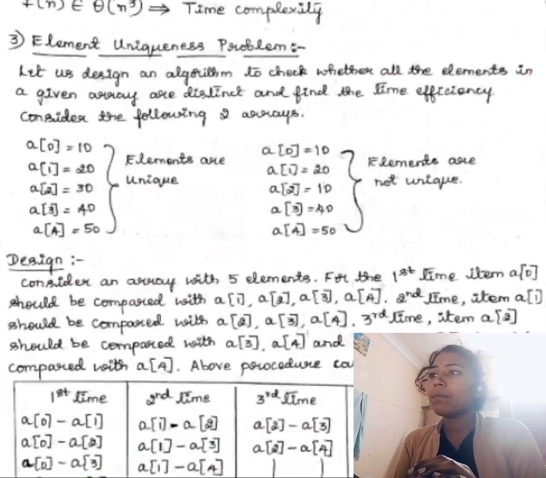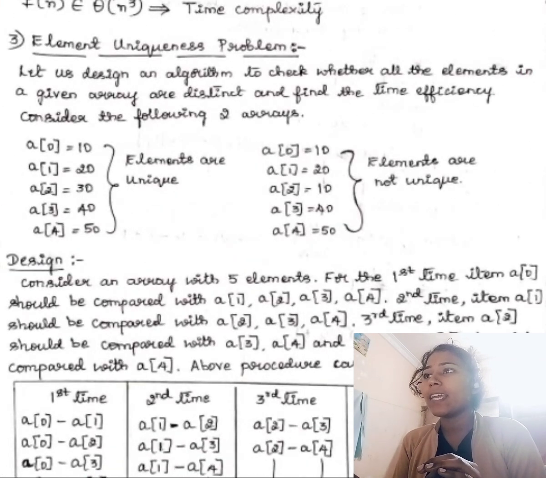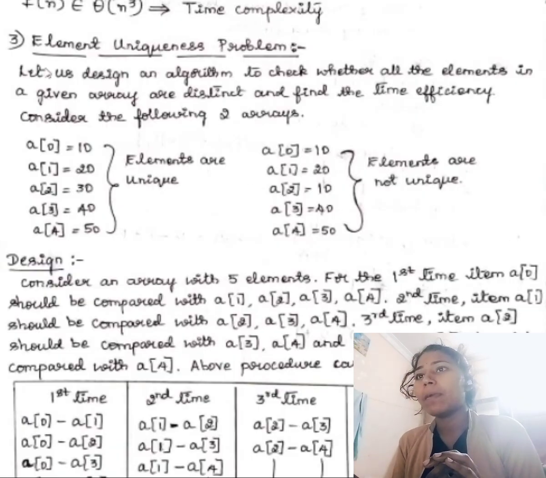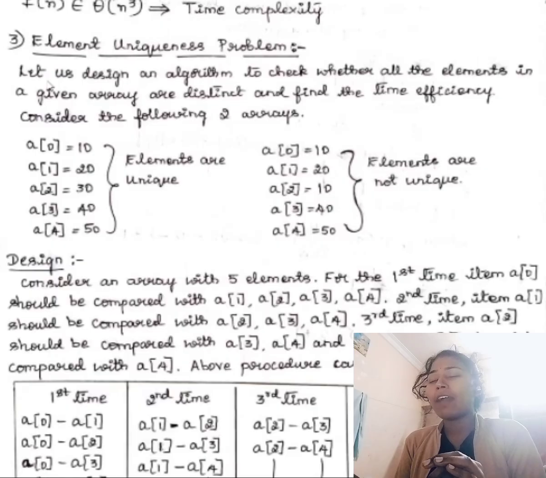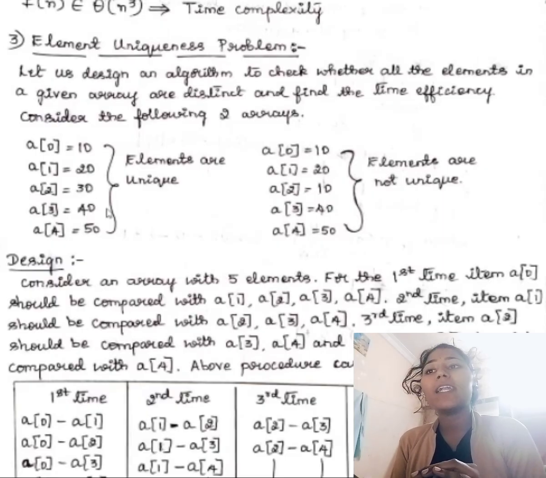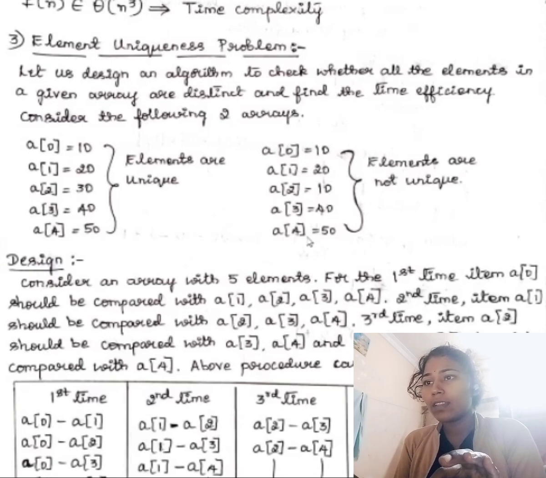The problem is the element uniqueness problem. Let us design the algorithm and check whether the given array has unique elements or not. Here, given these elements, they are unique elements present in the array, and these elements are not unique in the array, and so on. Now see the algorithm.